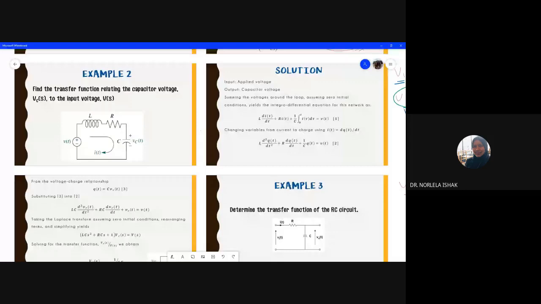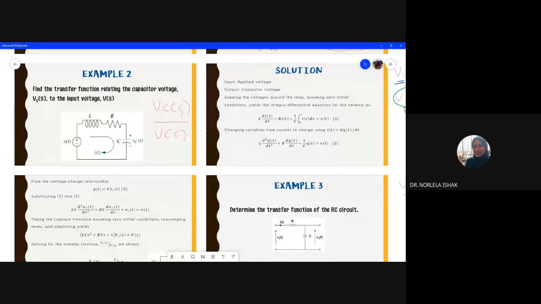So we want to define the transfer function: the output is the capacitor voltage over the input voltage. So what do we do? For the first step, what are we going to use? Step 1, apply Kirchhoff's law.